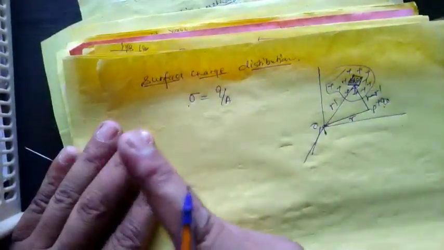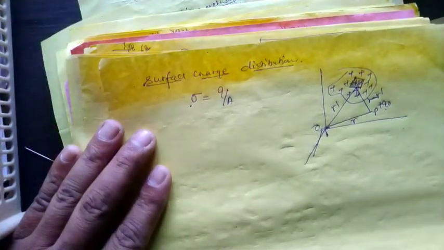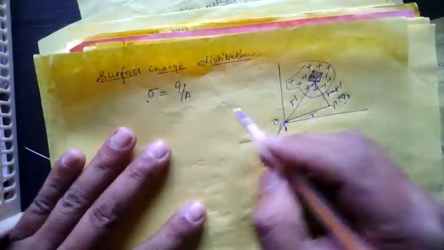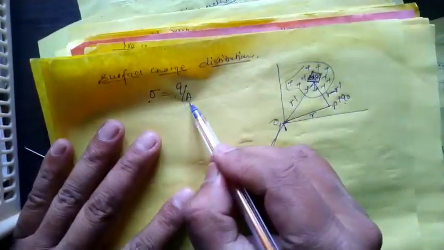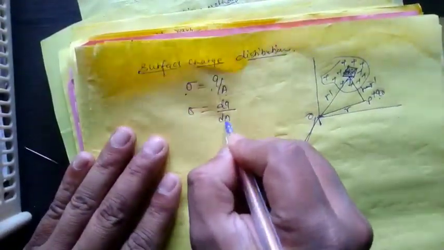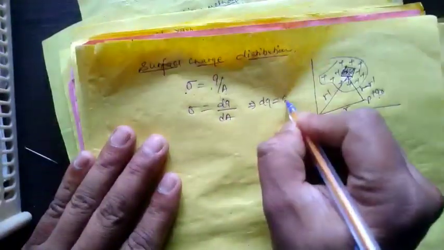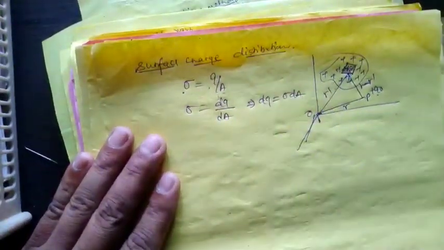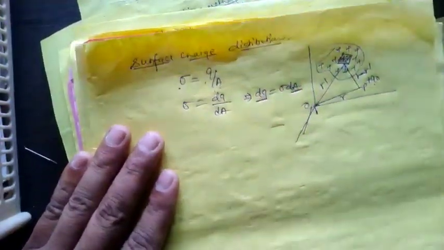In the previous case the linear charge density was denoted by lambda; the surface charge density is denoted by sigma. The charge distributed uniformly per unit area is the surface charge density: sigma equals dq upon dA, and dq is the value for a small charge on a small area.